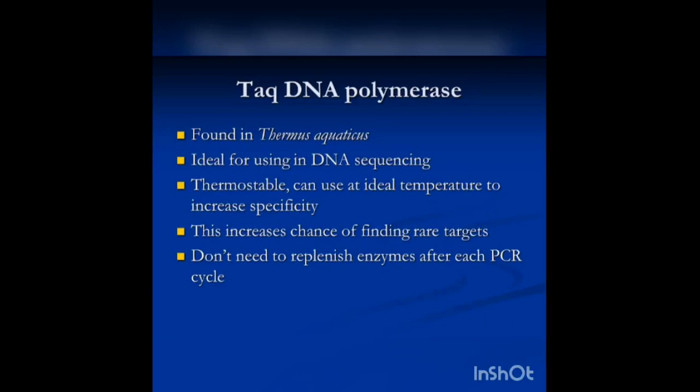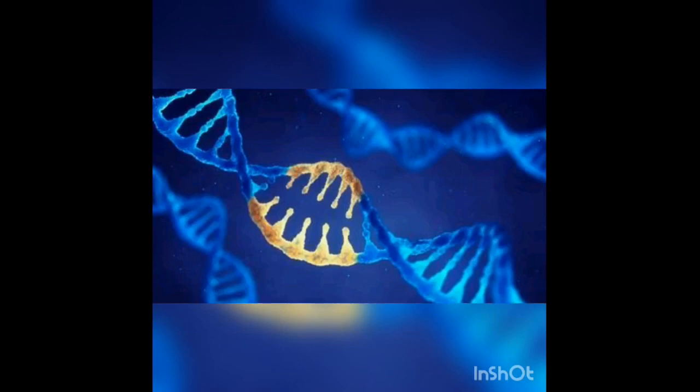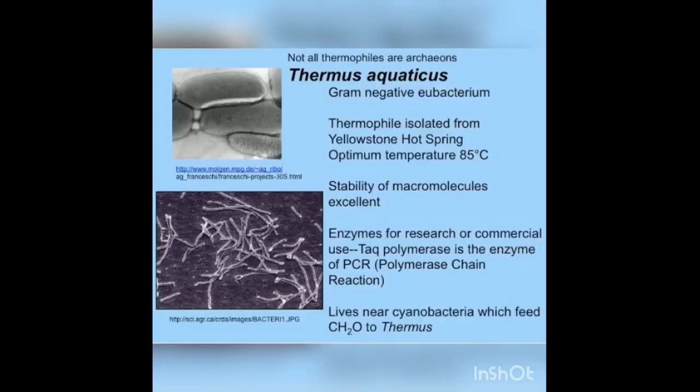You will study this PCR in your 12th standard. So what is the role of this DNA polymerase enzyme? This DNA polymerase enzyme helps in DNA amplification. So Thermus aquaticus is a bacterium which can produce the DNA polymerase enzyme which is useful for PCR.